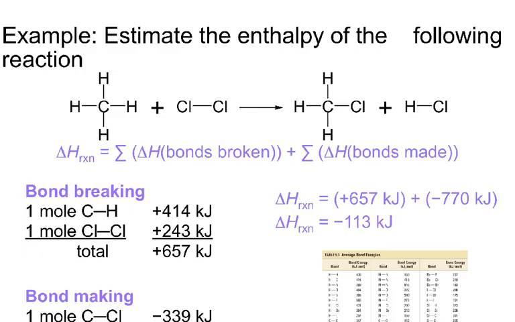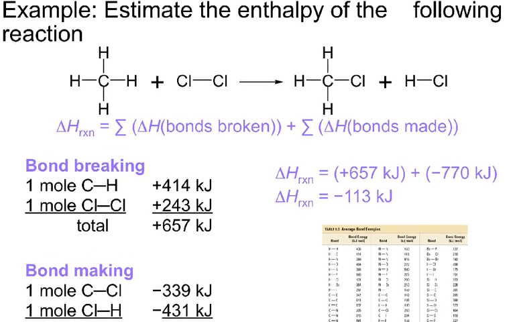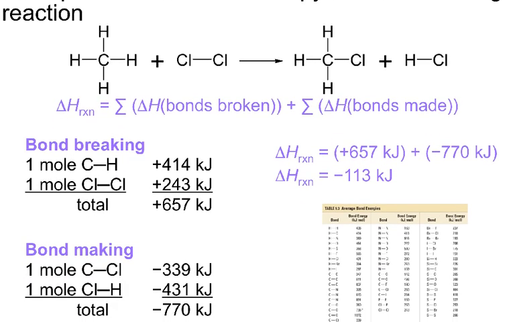So for instance, we can estimate the enthalpy of the following reaction. So here we have methane plus chlorine gas gives us our molecule here and hydrochloric acid. So we have broken 1 mole of carbon-hydrogen bonds. We've broken 1 mole of chlorine-chlorine bonds. So in total, we can use table 9.3 down here to find our average bond energies.